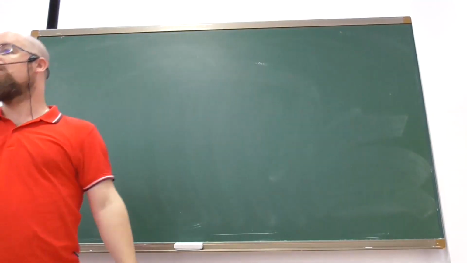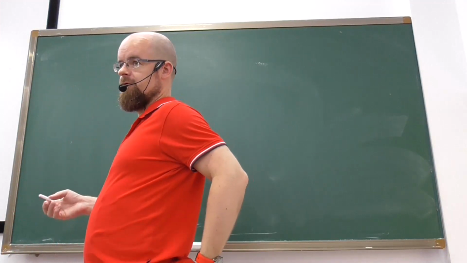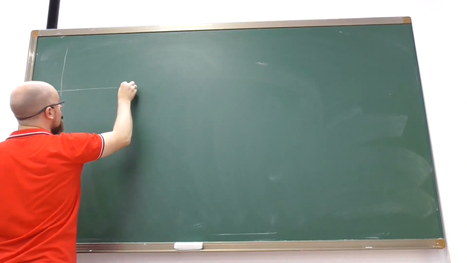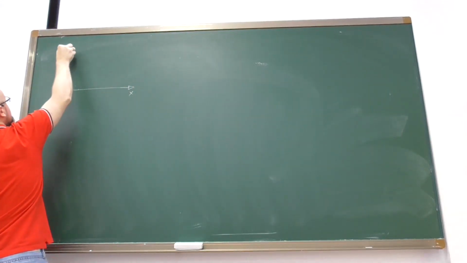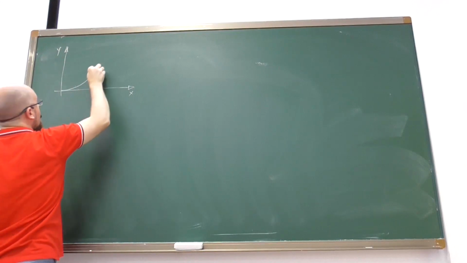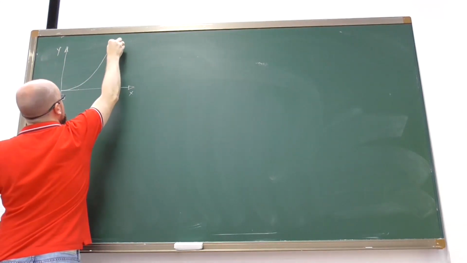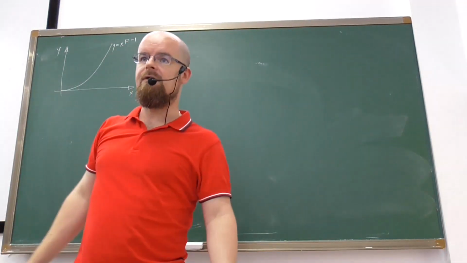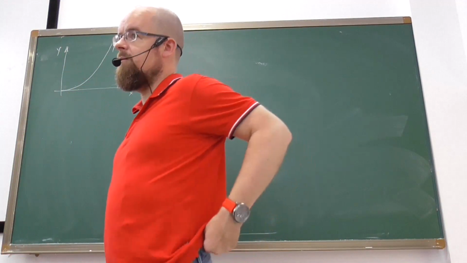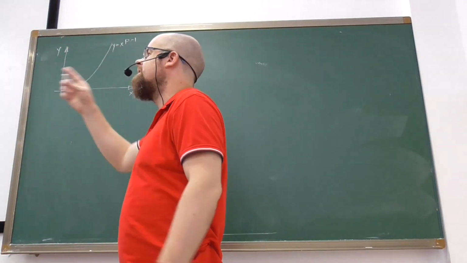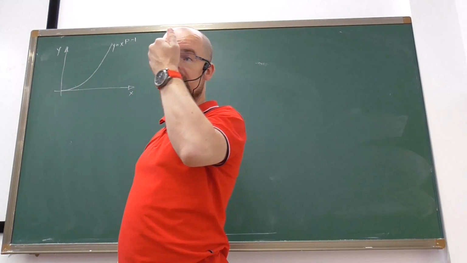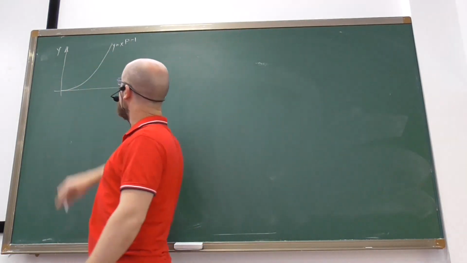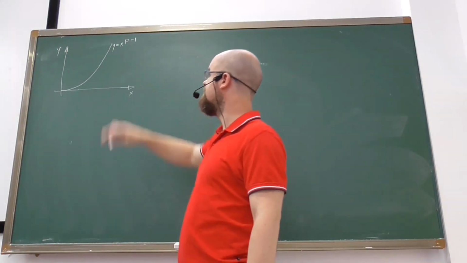Let's now draw the graphs of these two functions. This is what we have. This is y equals x to the power of p minus 1. Since p is strictly greater than 1, p minus 1 is strictly greater than 0, and this is the kind of shape we have.